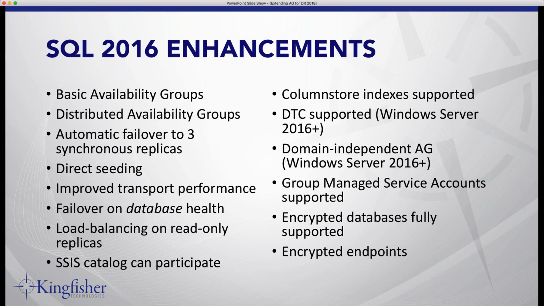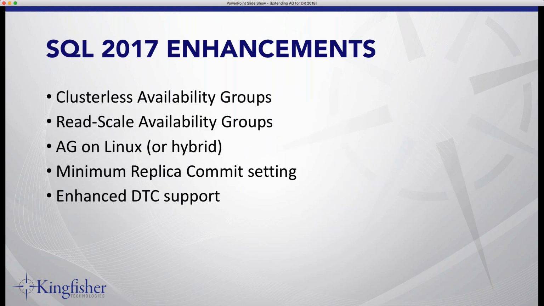The DTC also started to be supported in SQL 2016 to allow distributed transactions. There were certain things that were excluded in 2016, but those were added in 2017. And there were a few others that I also list here as well. 2017 added even more enhancements to it, including availability groups that can use Linux, either exclusively or in a hybrid configuration alongside Windows servers.